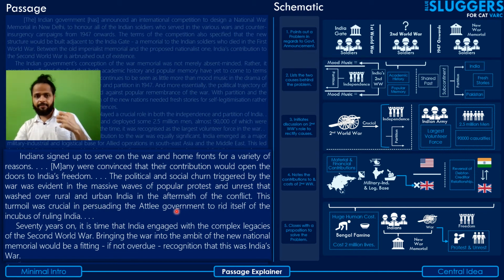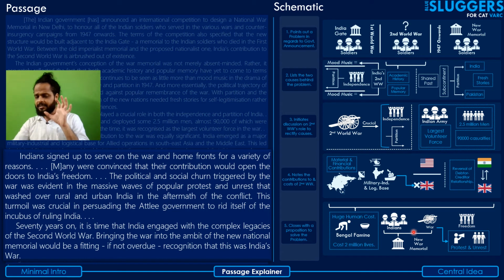That unrest was evident in the popular protests that erupted over rural and urban India all over the country, right? And as a result, this turmoil was quite crucial in persuading the Attlee government, the British government at that point of time, to rid itself of the incubus of ruling India and thus granting India freedom.